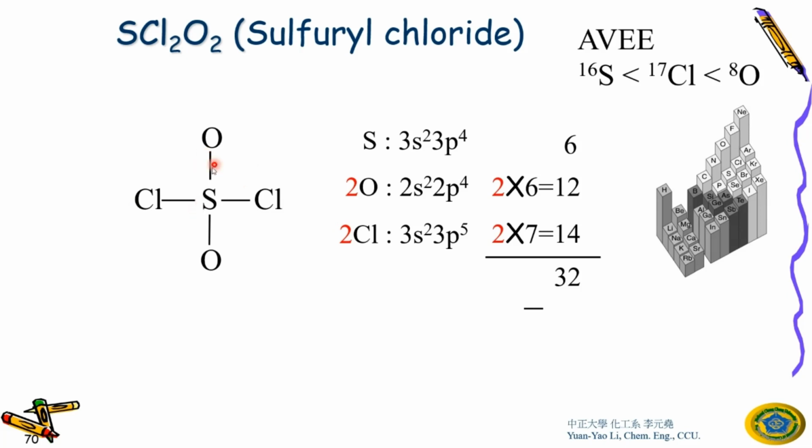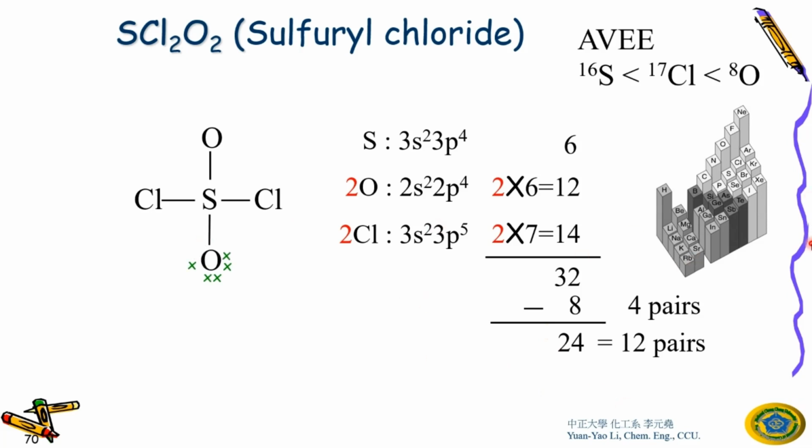These 4 bars tell you that it requires 8 electrons, so you subtract 8 electrons, and that means 4 pairs of electrons, right? And then you get 24. These 24 are the valence electrons which have no bonding. So 12 pairs.